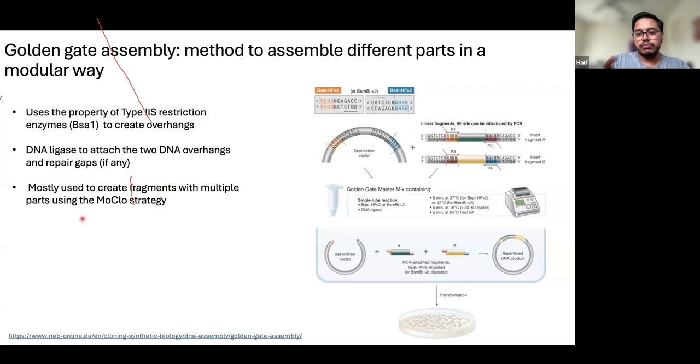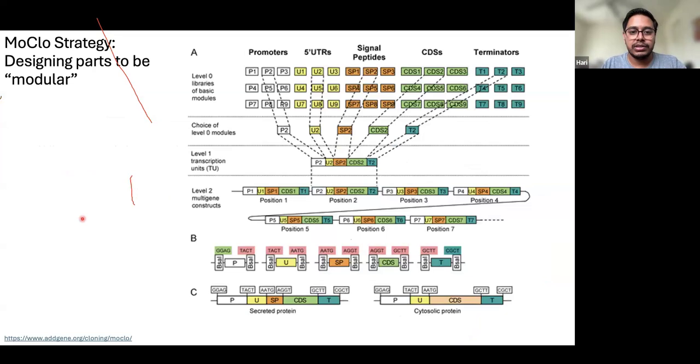This process is very commonly used to create fragments with multiple parts, as we discussed before, the different DNA parts. One commonly used strategy is called the MoClo strategy, which is the modular cloning strategy. How that works is that we have different promoter sequences. We can have different UTRs, RBSs, different CDSs or terminators, which will have the same type of overhangs.